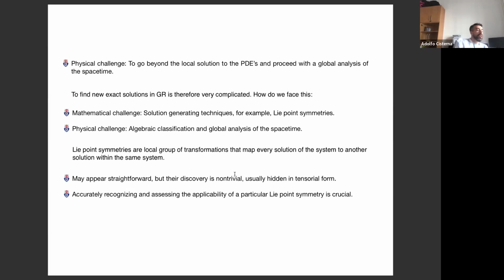And second of all, once you have a Lie point symmetry at hand, you need to assess the applicability properly, because in many cases you don't know what the effect of applying the transformation will be, and it might be that this Lie point symmetry is giving you nothing else than the same solution in different coordinates, basically a different gauge of the same solution. So it is important to accurately recognize the applicability of these Lie point symmetries.